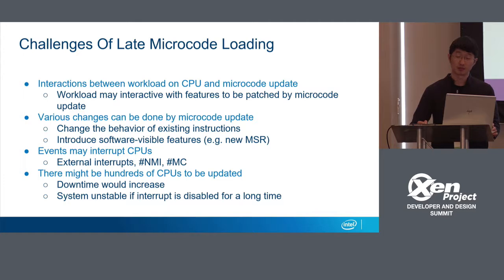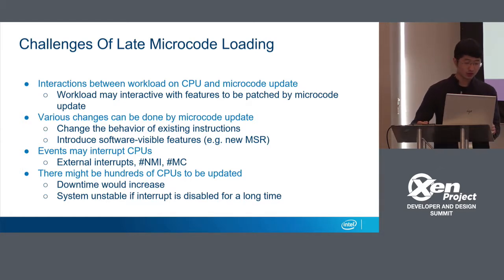Some events may also interrupt the CPUs, for example external interrupts, NMI and machine check. They will let your processor go handle other events and go to another execution flow.